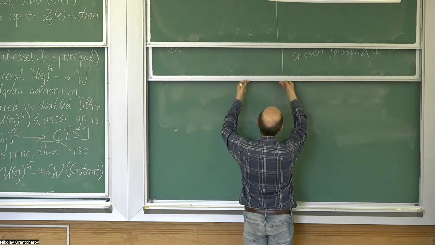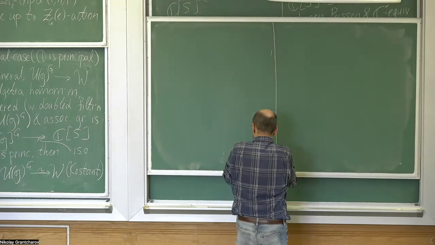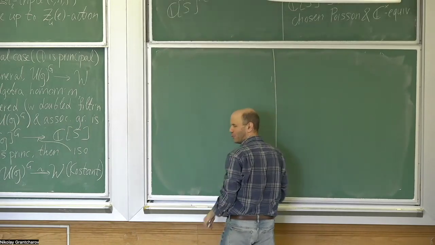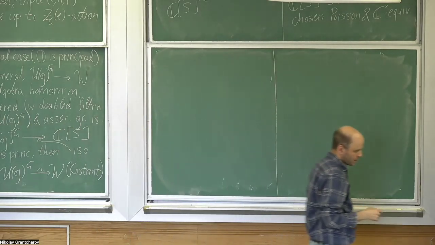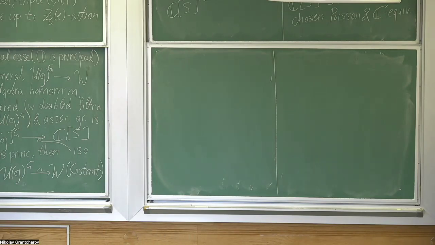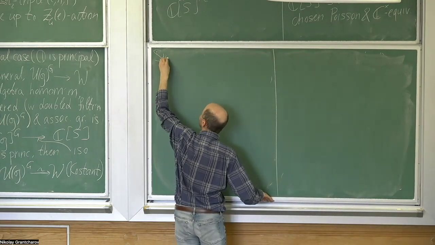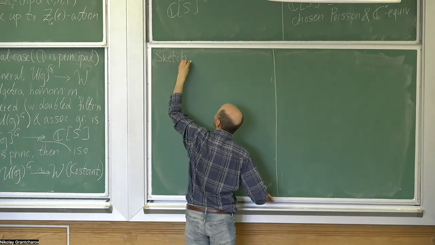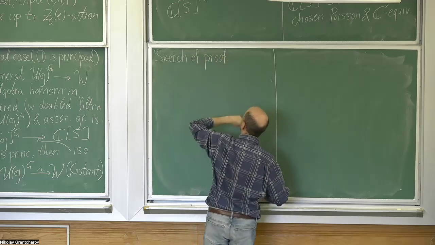I want to give a sketch of proof, and that's the only thing I'm going to sketch. So this construction is essentially in 2 steps. Proof. I use some notation.